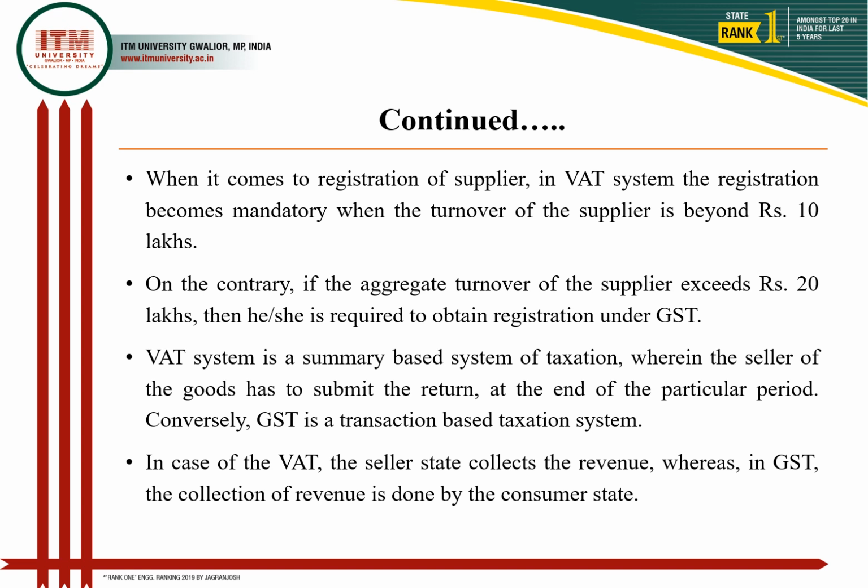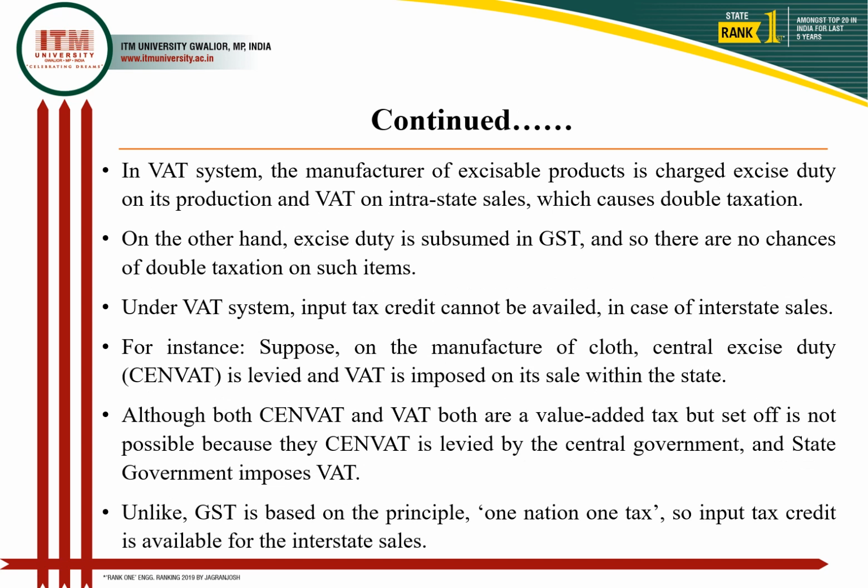In case of VAT, the seller state collects the revenue, whereas in GST, the revenue is collected by the consumer state. So this is how GST and VAT are different from each other. We can further differentiate. In VAT, the manufacturer of excisable products is charged with excise duty on its production, and VAT on intrastate sales, which causes double taxation.